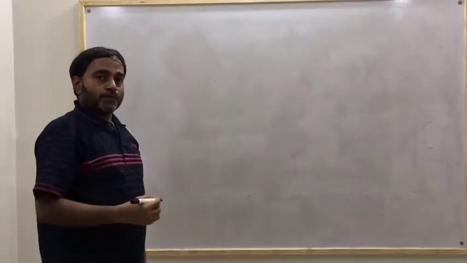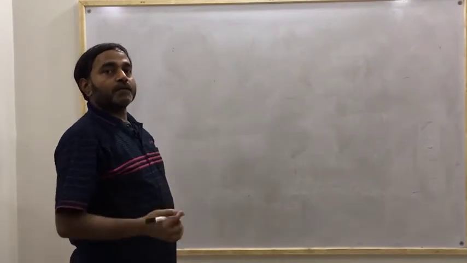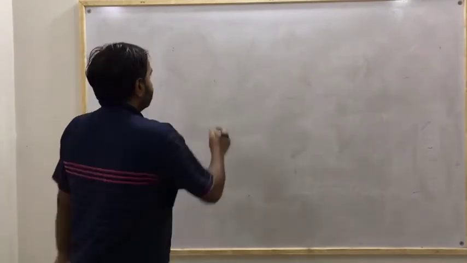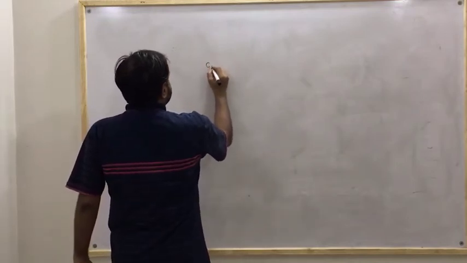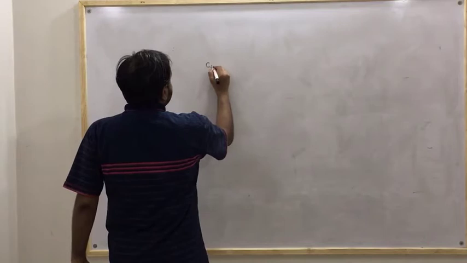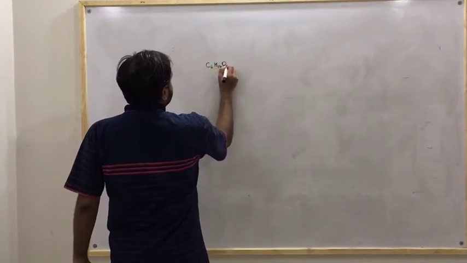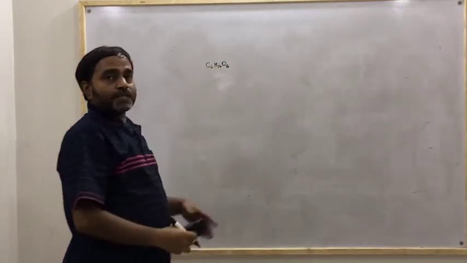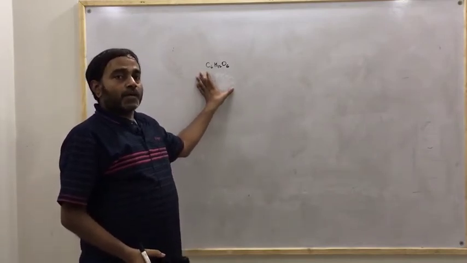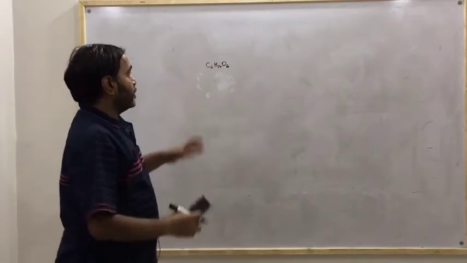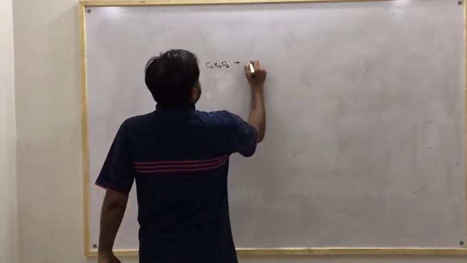So as we know, the general reaction for the oxidation of carbohydrate is this reaction. C6H12O6 is the glucose molecule, and the general reaction in which carbohydrate oxidation can be shown will be written like this.